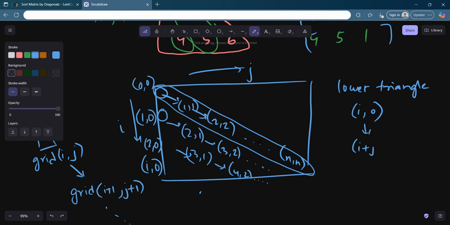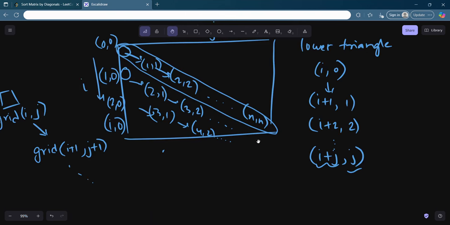In a general case, you are starting from i comma 0 and adding 1 to both of them. If you are going in the lower right manner, you are always doing i plus 1 comma 1, i plus 2 comma 2, in this way, right? So in a general case, your way of iteration is i plus j comma j. Okay, and definitely both of these dimensions should be less than n.